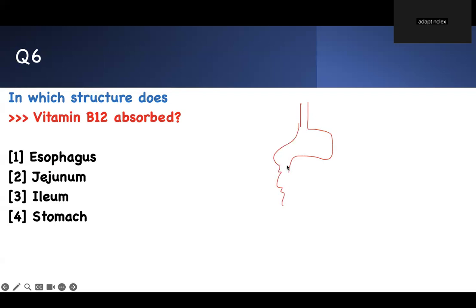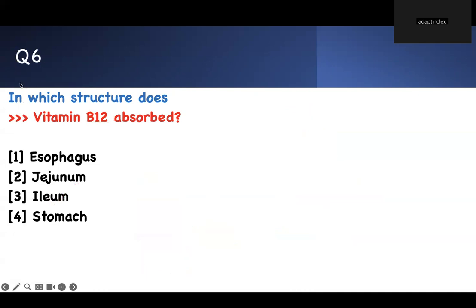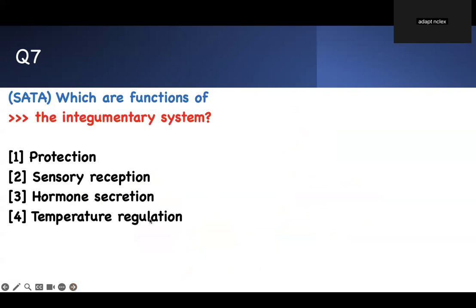You have a duodenum here, your jejunum, and then you have the ileum before you get into the colon. This is the last portion where we absorb our content, and B12 is usually absorbed at the ileum. These are facts you have to know. There's no argument about it.